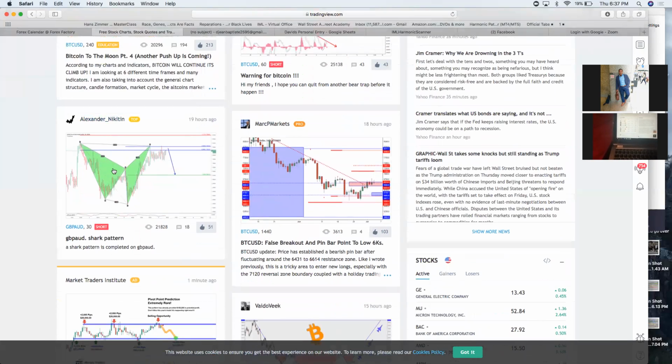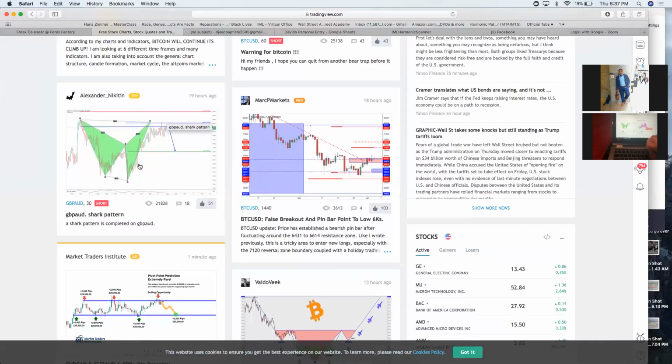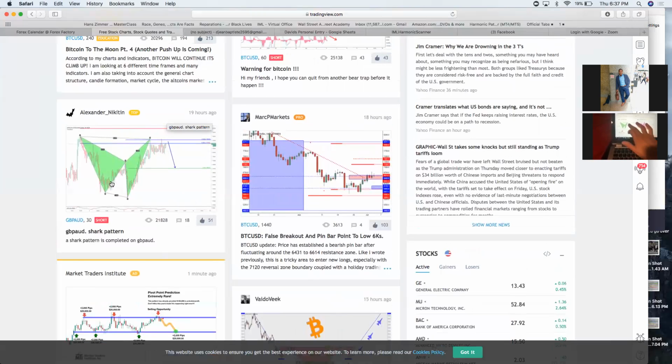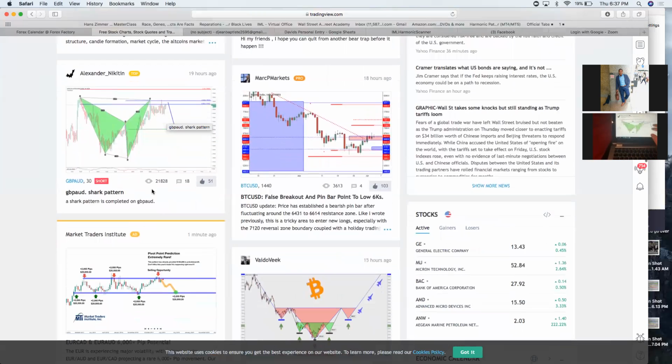Apparently, he drew out a shark pattern on a 30-minute chart, and he believes that the market is going to go down. You have the opportunity to draw this harmonic pattern as well, if you like. If this assessment works with your assessment, then you could add it to what you're looking at as well.